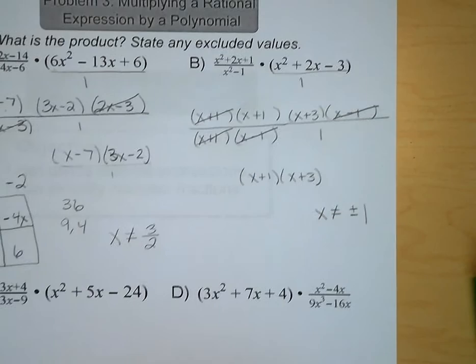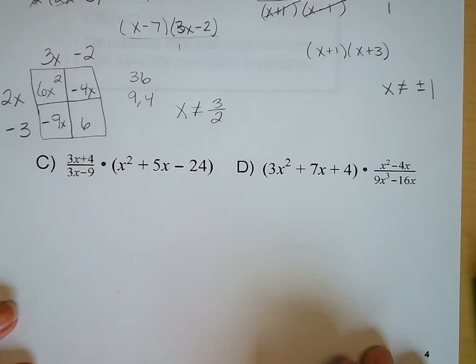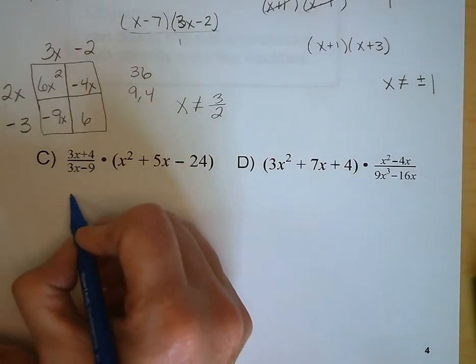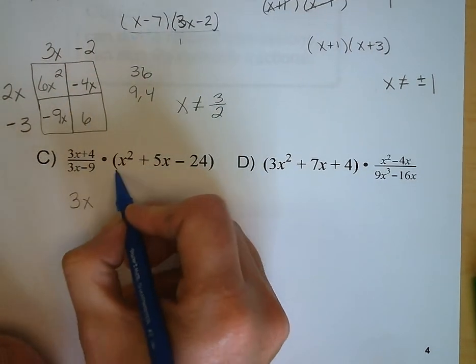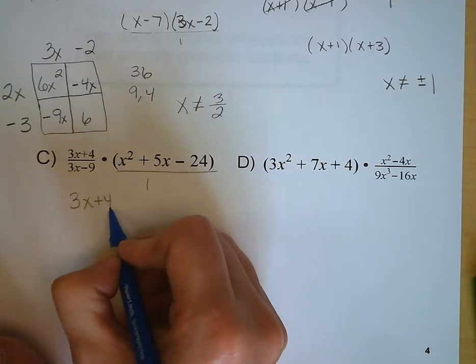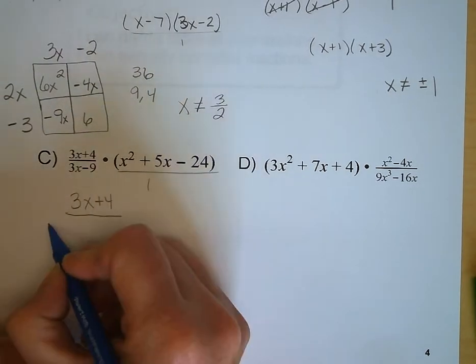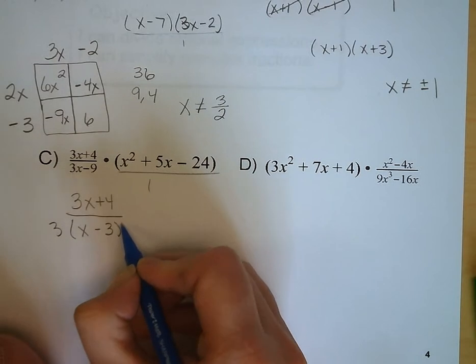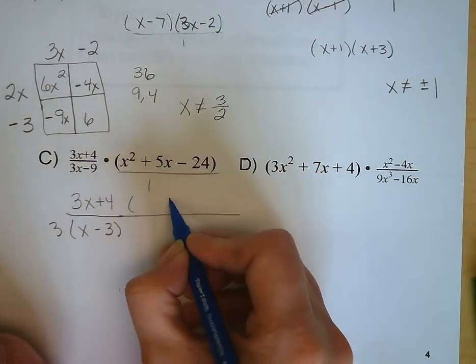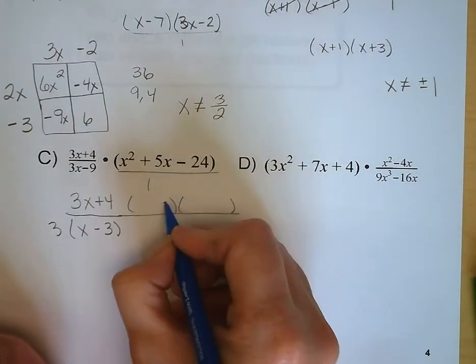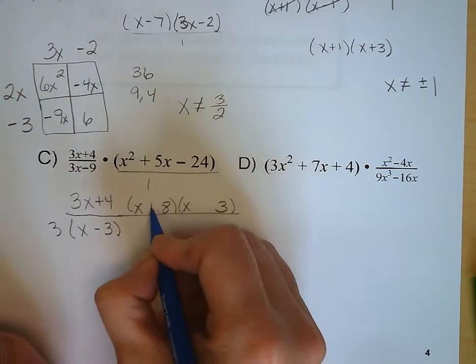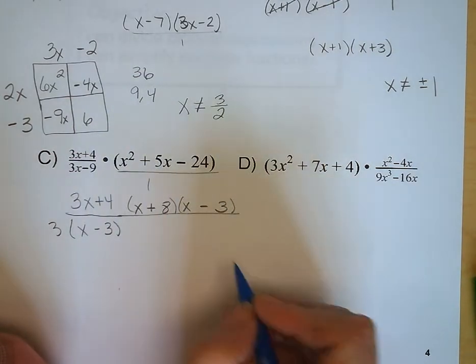Okay. Letter C. In our first term, we can factor out a 3 from the denominator, and we're left with x minus 3. And now factoring x squared plus 5x minus 24, products of negative 24 that add up to 5, we have an x plus 8 and an x minus 3.